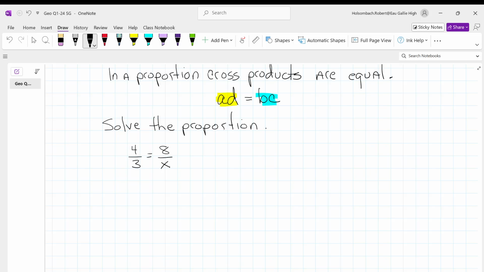I'm going to multiply the 4 times the x first. So we get 4x is equal to 3 times 8, which is 24. And then we divide both sides by 4. And our x is equal to 6. And it's that simple. To solve a proportion, you just crisscross multiply.